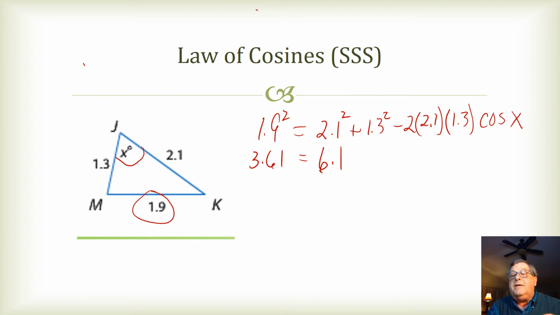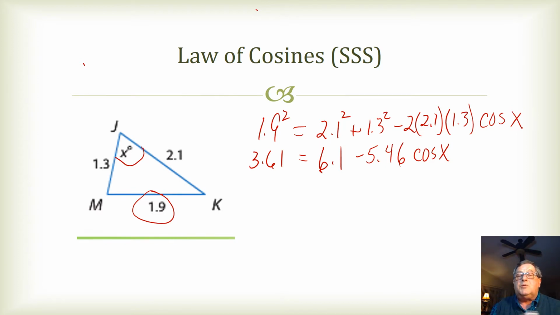And then we've got negative 2 times 2.1 times 1.3, and that equals negative 5.46, times the cosine of X, which is what I do not know.